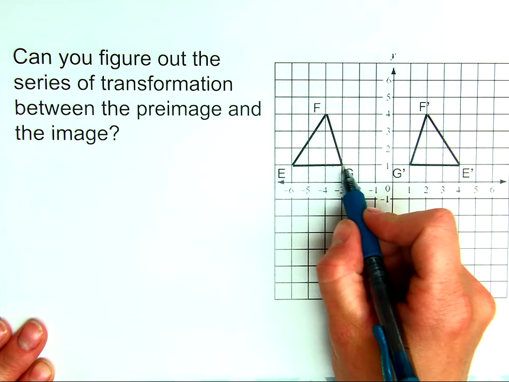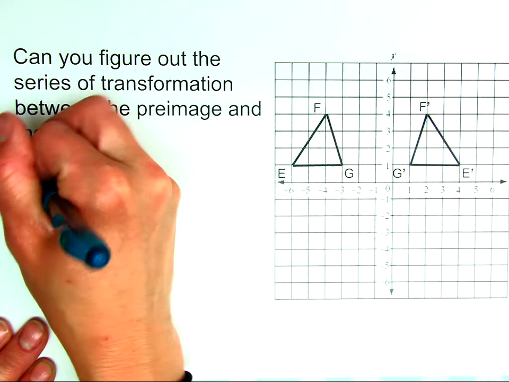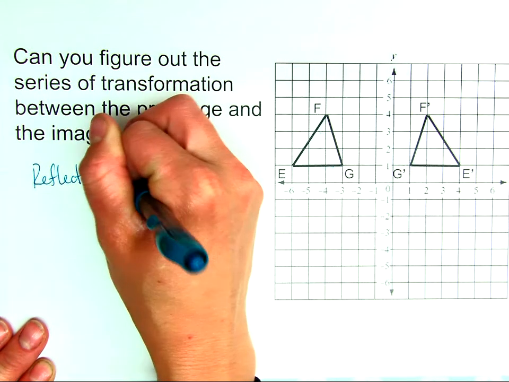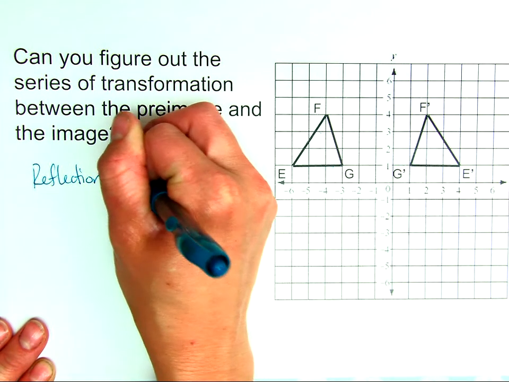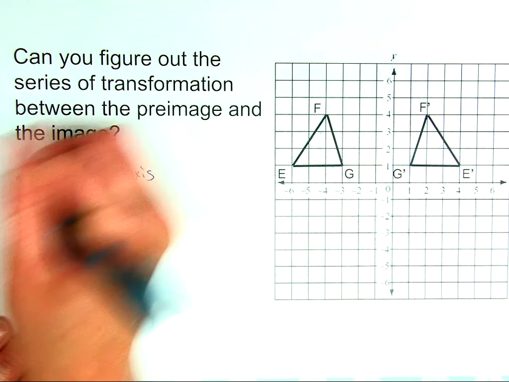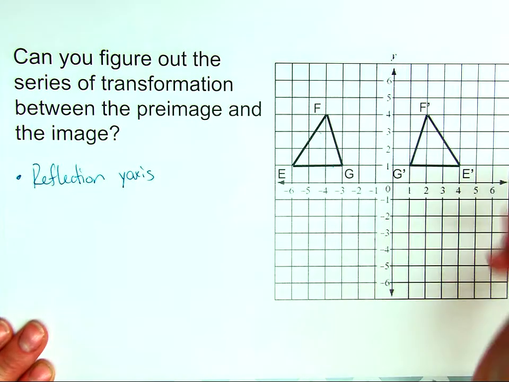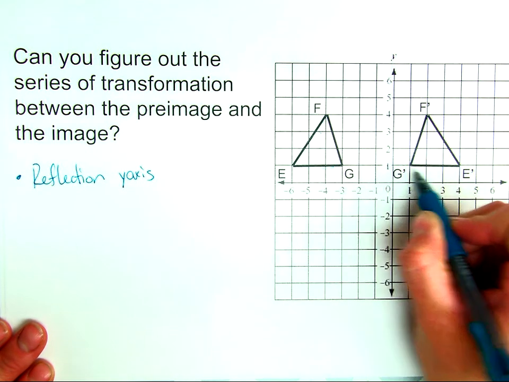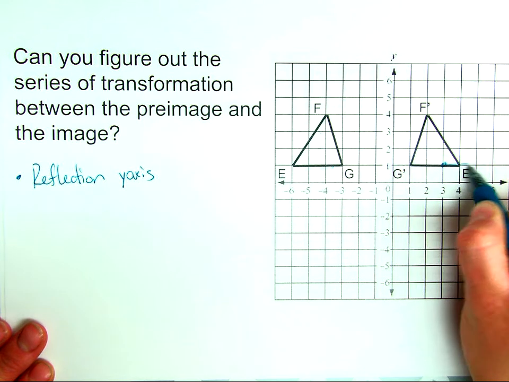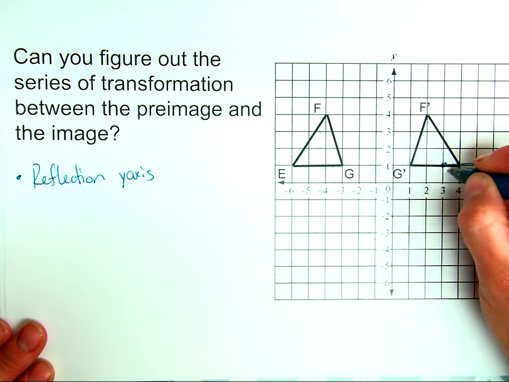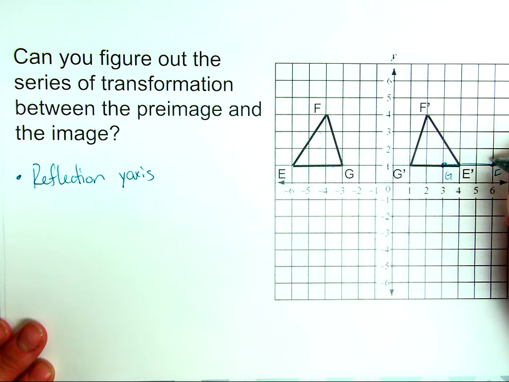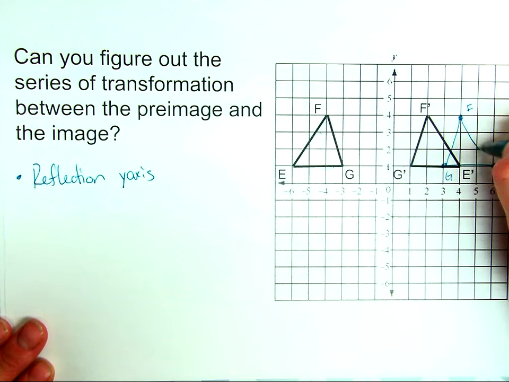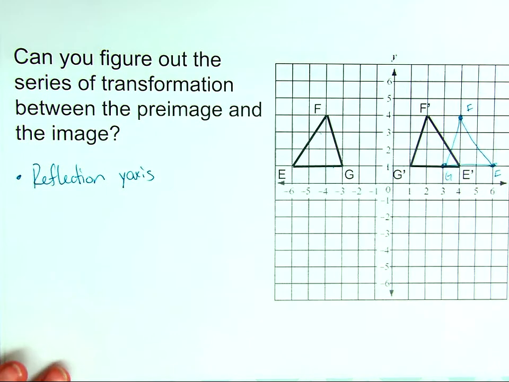So the first thing I noticed was a reflection. So that's what I'm going to choose to do first. I'm going to reflect over the y-axis. You can use words, or if you want to write the rule, you can do that as well. So if I reflect this, G, E, and F would put me here, which obviously is not where my final image is.